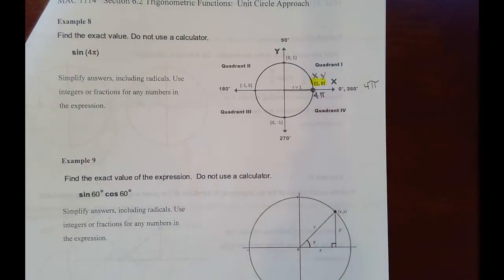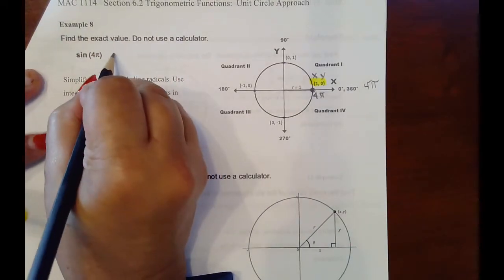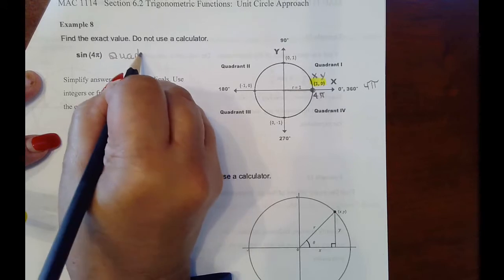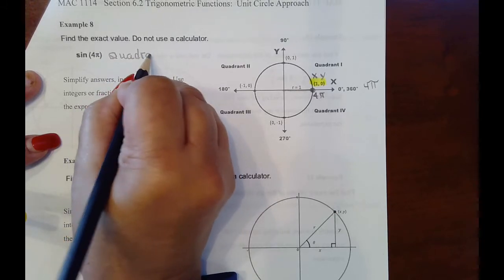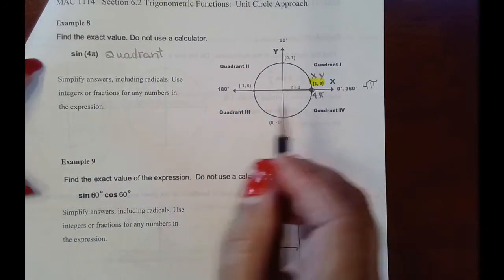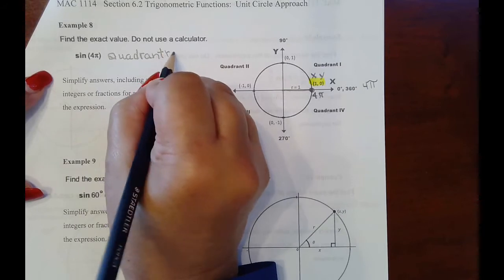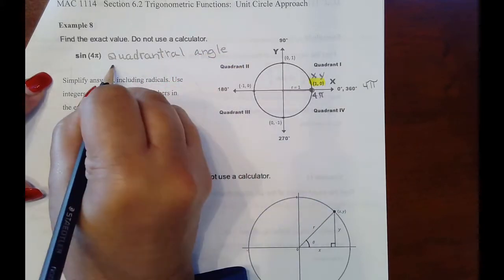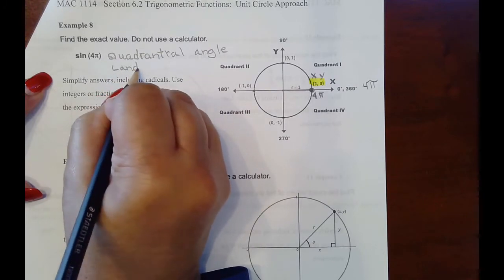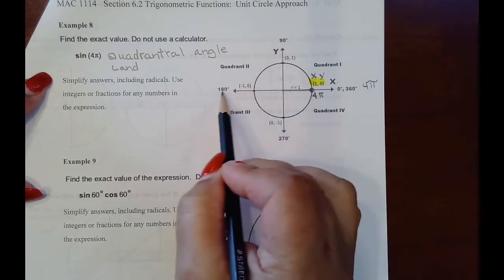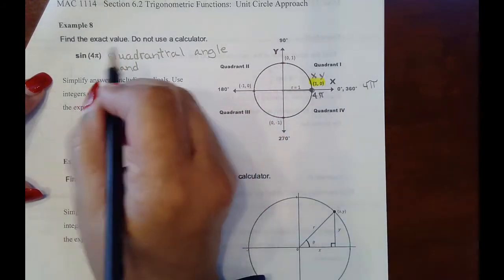Now this is what we call a quadrantal angle. A quadrantal angle is when instead of being able to draw a right triangle, you cannot draw a right triangle because you've landed on one of the axes. A quadrantal angle will make you land either on the x-axis, the y-axis, the negative x-axis, or the negative y-axis.